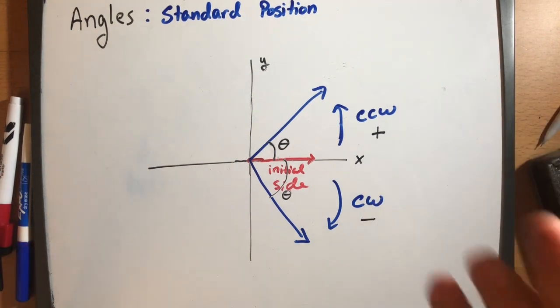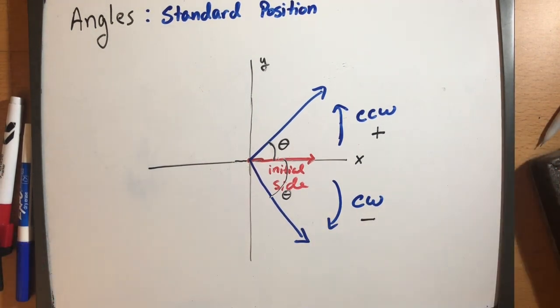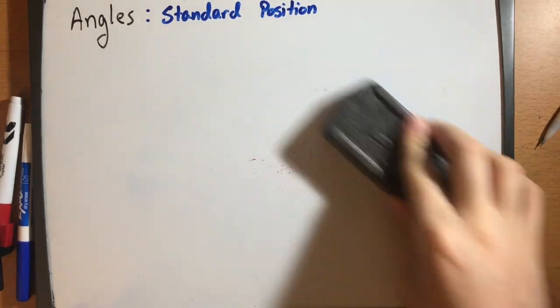Now, how do we actually measure angles? The most common way to measure an angle is with a special unit called degrees.